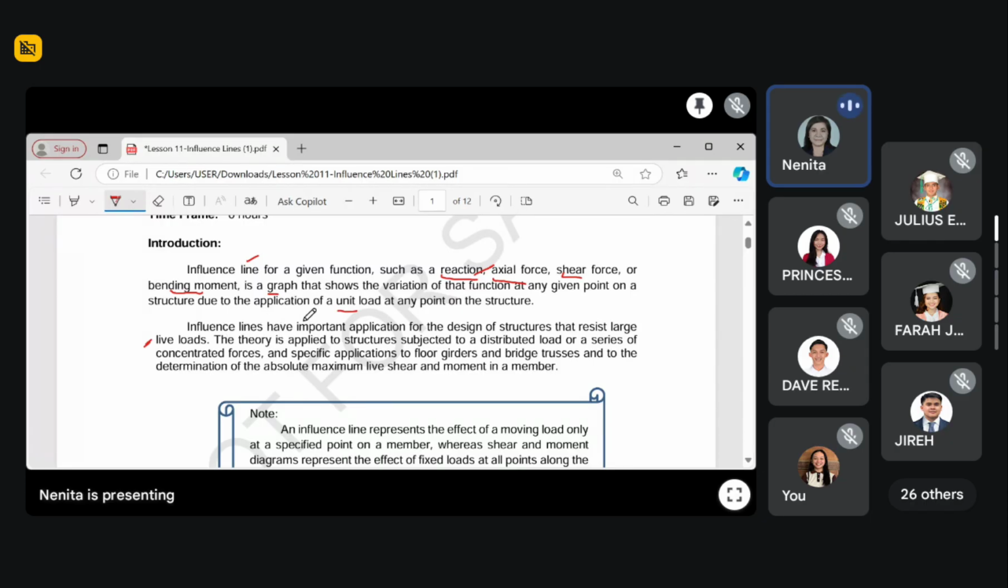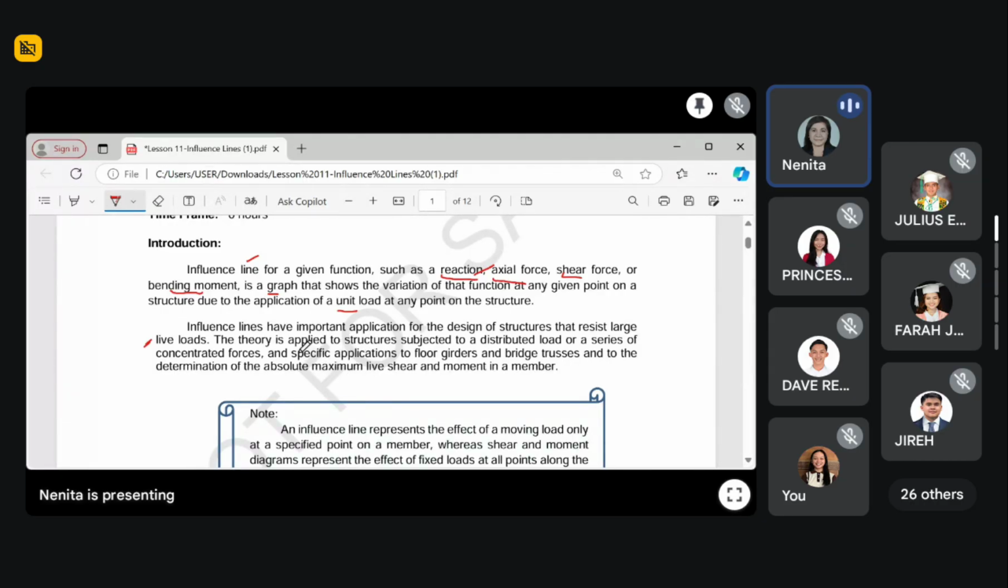So the theory is applied to a structure subjected to a distributed load or a series of concentrated loads, with specific applications to floor girders and bridge trusses, and to the determination of the absolute maximum live shear and moment in a member.